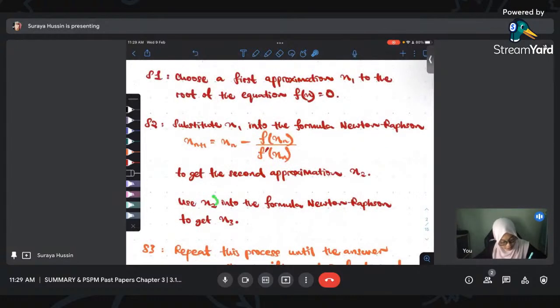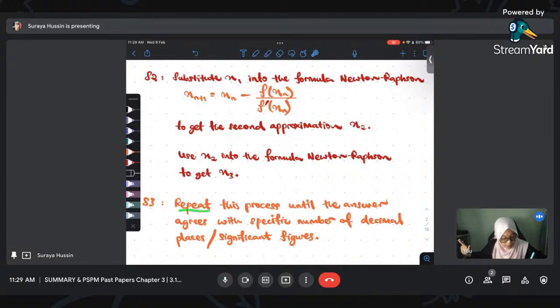And then use the x2 into the formula of Newton-Raphson again to get x3. So your job is to get x1, x2, x3, sampailah you repeat this process until the answer agrees with the specific number of decimal places or significant figures. Stop. Kita perlu repeat this process again and again sampailah kita capai satu nombor yang sama je. Dah tak boleh lain dah. Nombor dia tak berubah dah.